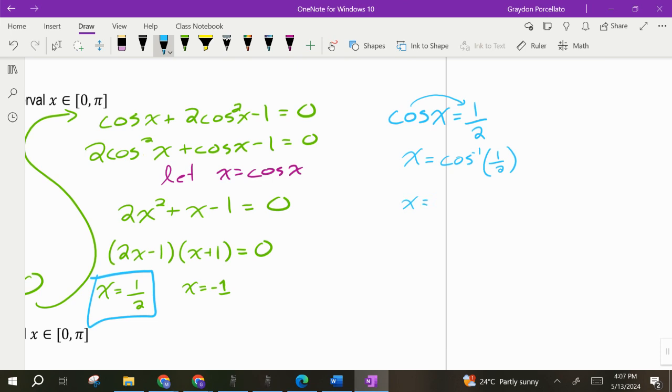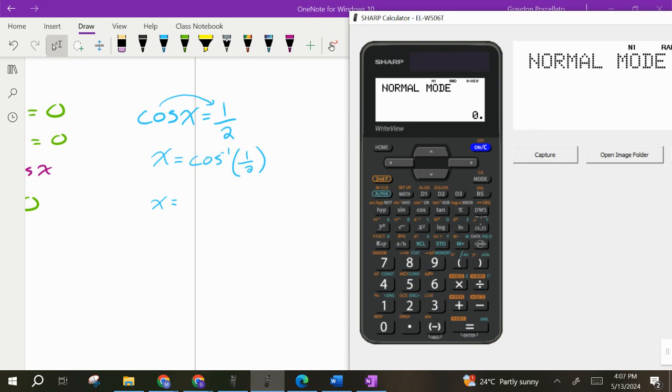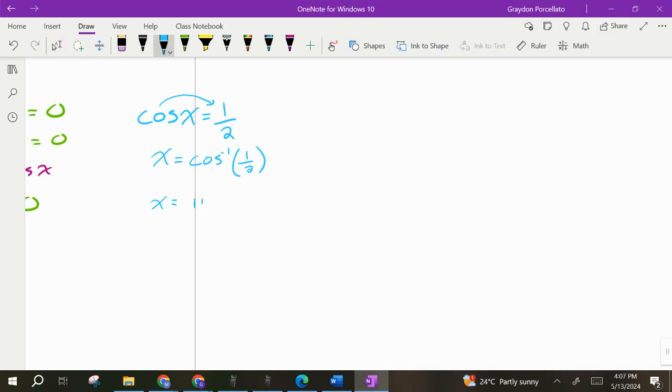Using our calculators, or special triangles, if you notice that that's a special triangle, I take the cos inverse of 1 divided by 2, and I get pi over 3. So x equals pi over 3.